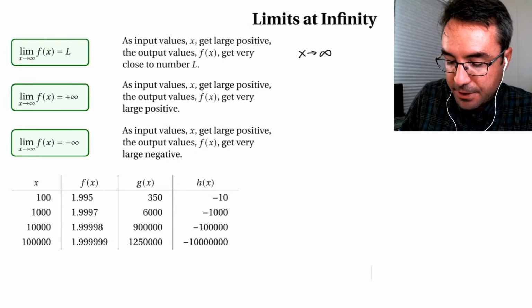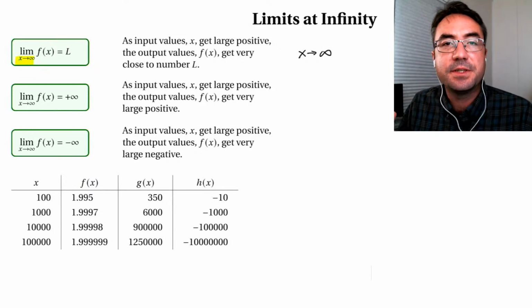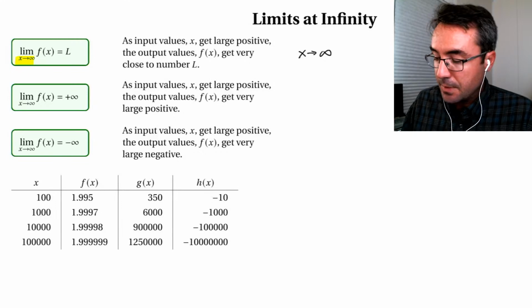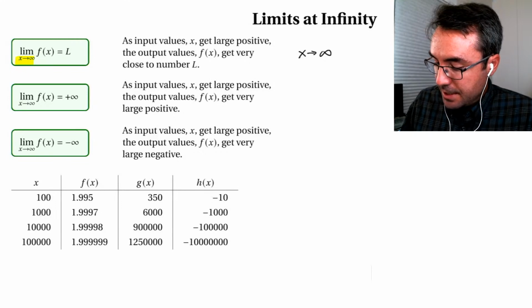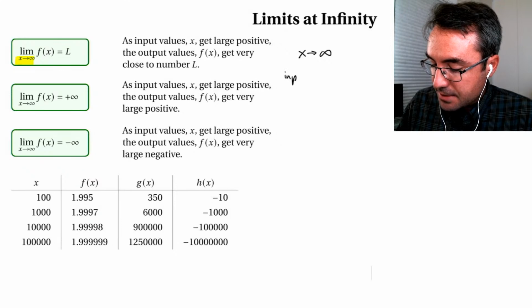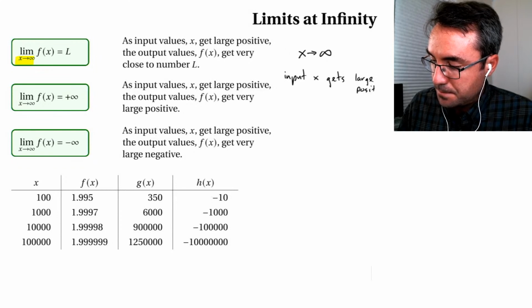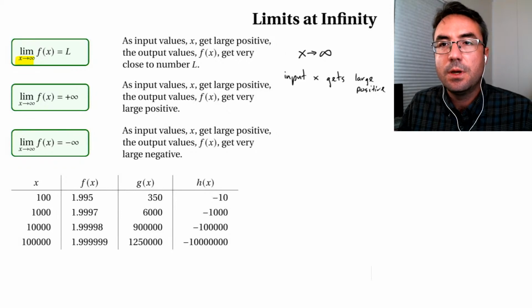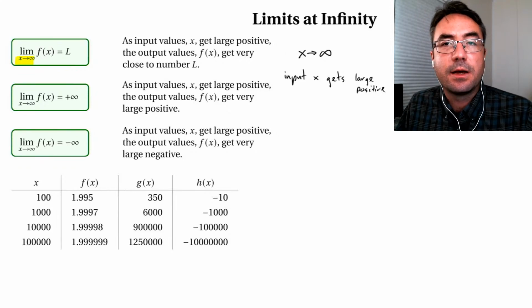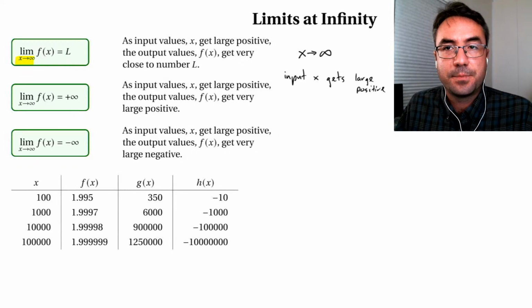Right here in our definition here. That's the only bit of this that's really new. And what this means is that our input x gets large positive. So we're letting our input get larger and larger positive.